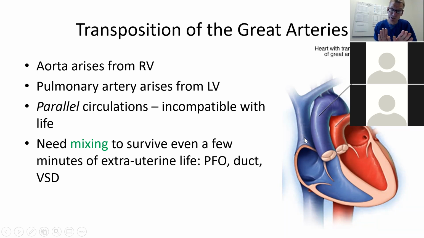So you've got two circulations working in parallel rather than in series. And the only way a baby like that can survive is if they've got a ventricular septal defect as well. And many of these babies have a large ventricular septal defect. If they've got a ventricular septal defect, then all the blood just mixes in between.